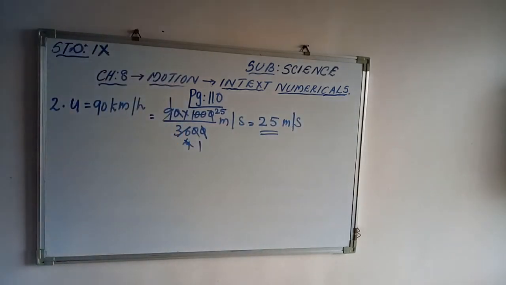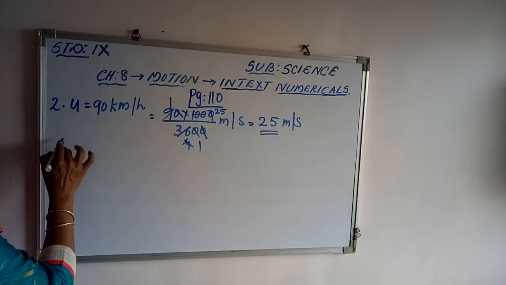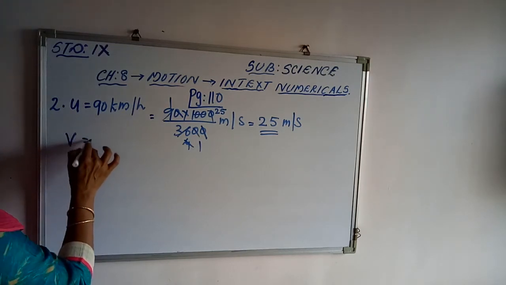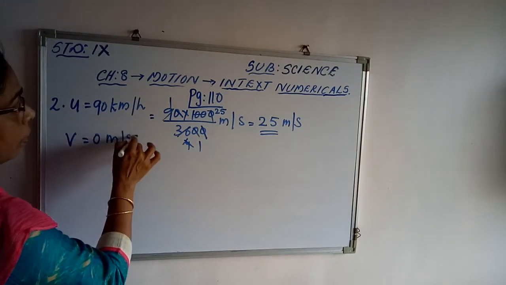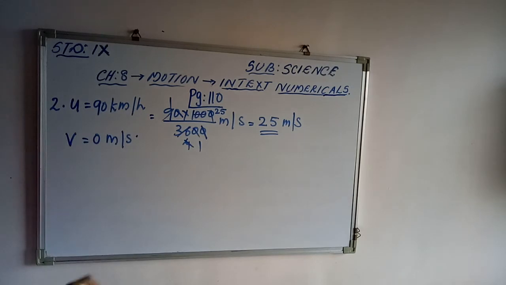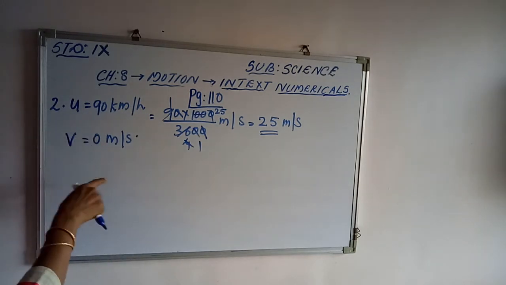Okay, now brakes are applied so as to produce a uniform acceleration of 0.5 meter per second square. So brakes are applied, isn't it? That means the train comes to a stop. So we know that the final velocity v will be equal to 0. And as the brakes are applied, the velocity is decreased.